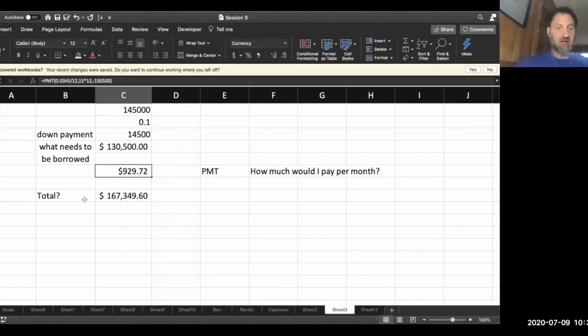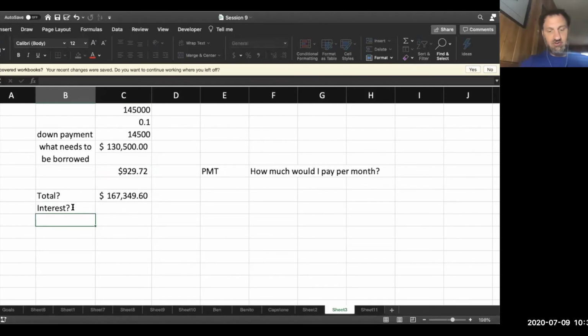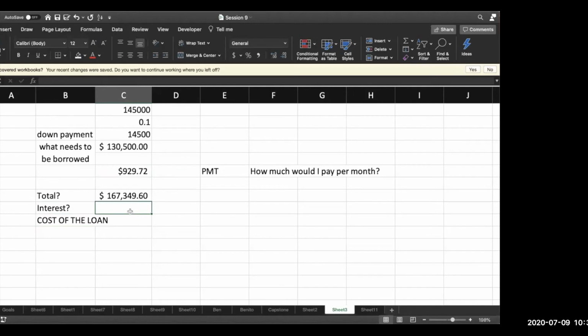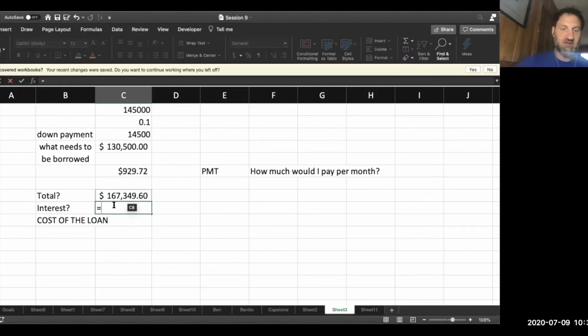Now, the next question gets to the heart of what we're interested in, which is how much is the interest, or the cost of the loan is what I'm calling it, and how do we figure out the interest? You just subtract what you paid into what the loan is. Right. So we take this 167,000 and we subtract out what?